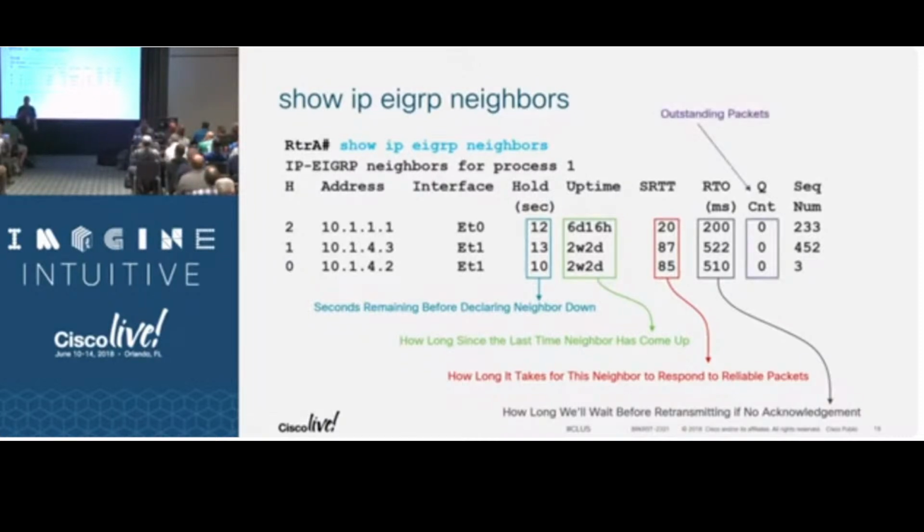Queue count is the most troubleshooting useful column from here. Anytime we send a reliable packet out an interface, we also put that packet on a per neighbor queue. And we wait till the neighbor acknowledges that packet. If the neighbor does not, we keep that packet on the queue.